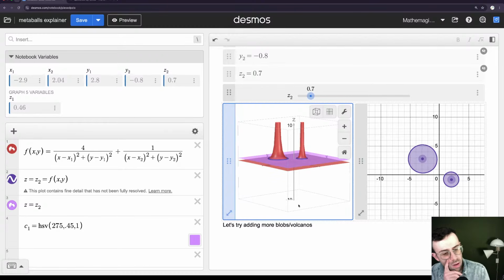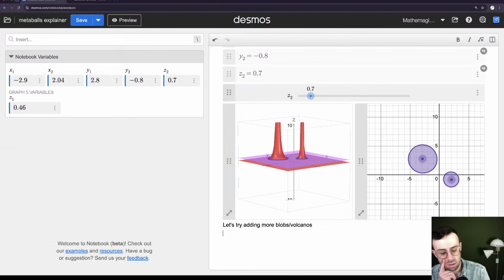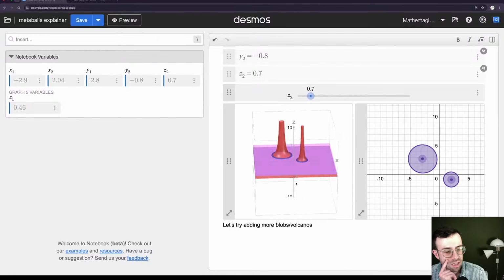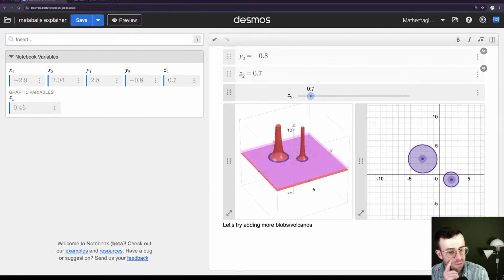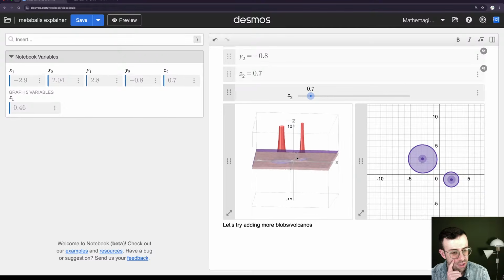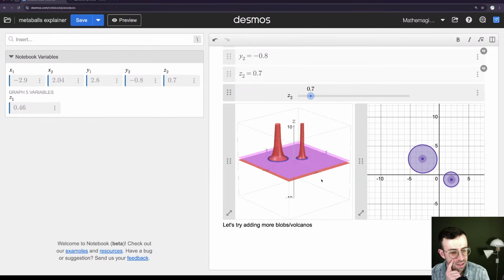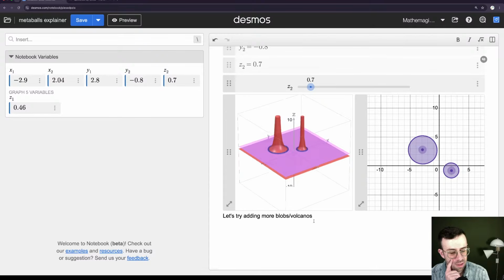Well, you know what would be cool? Another thing we could do is look at the metaballs in 3D, but you would need a 4-dimensional graph to show that. But I kind of want to, okay.